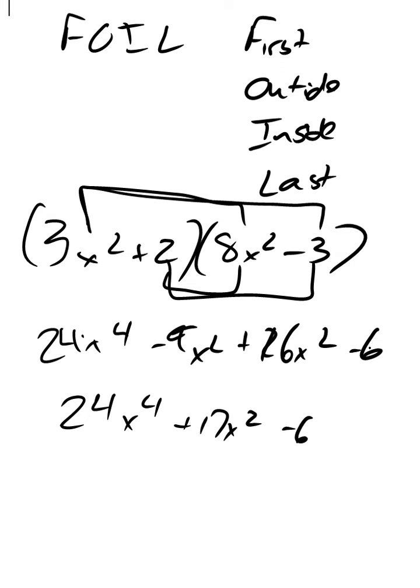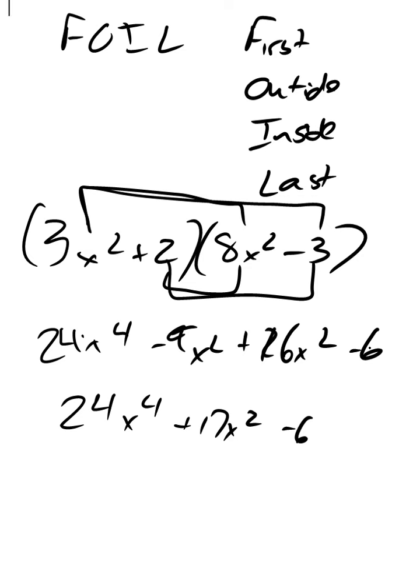That's what you get when you multiply those pieces together. FOIL method: first, outside, inside, last.